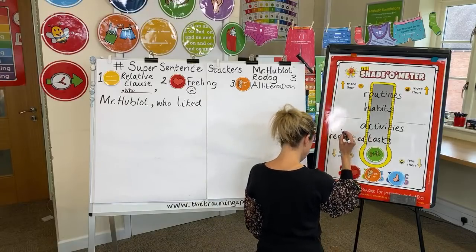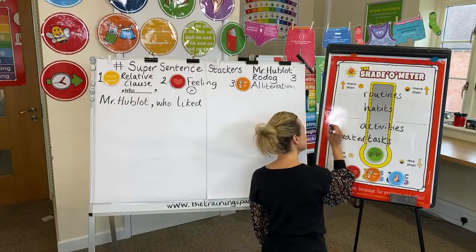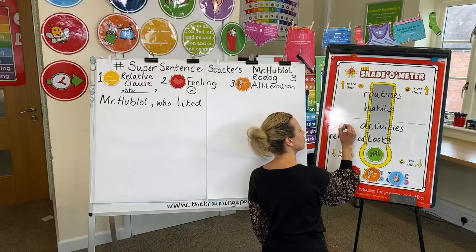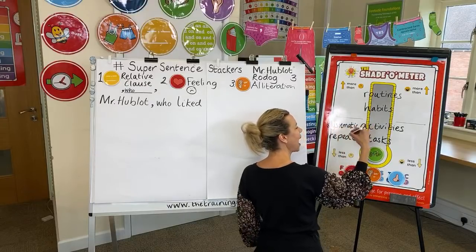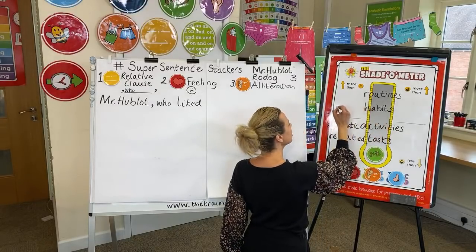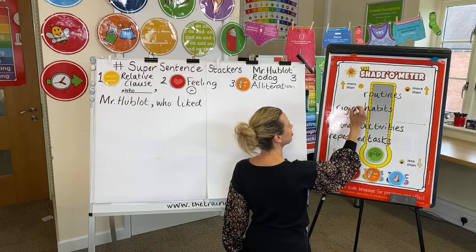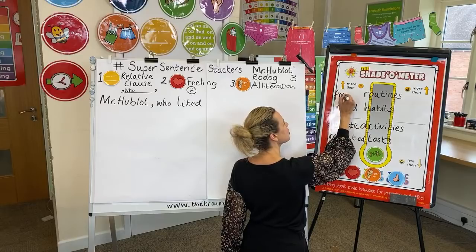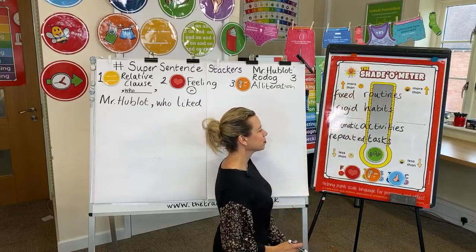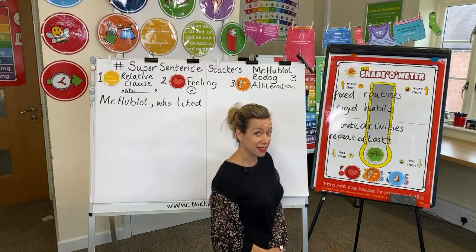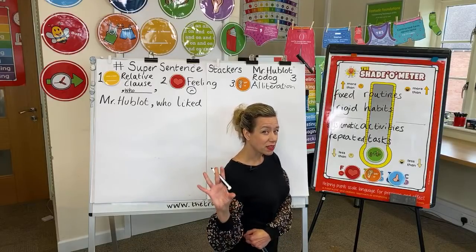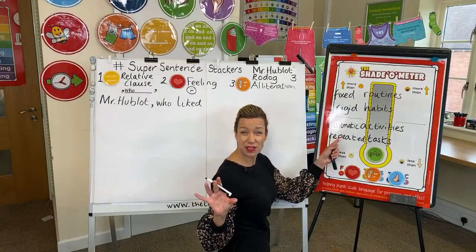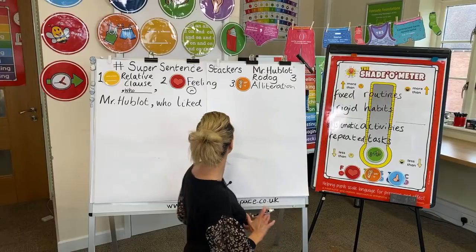Let me think. Systematic. Well, that's quite a grown-up word. Systematic activities. Rigid habits. In this same family, fixed routines. There's some good choices there. And if you're making some jottings now, you'll have some ideas for your writing.